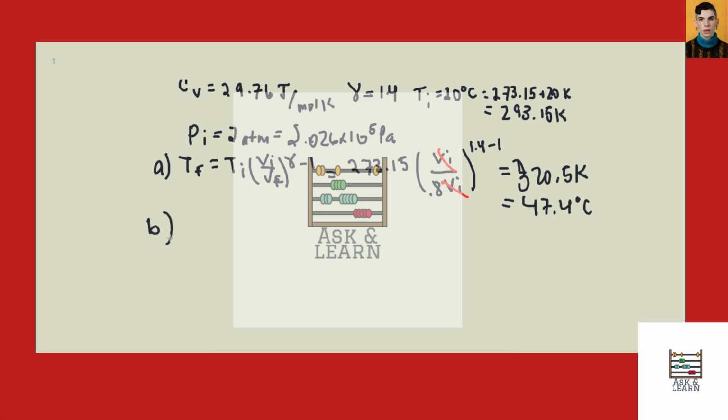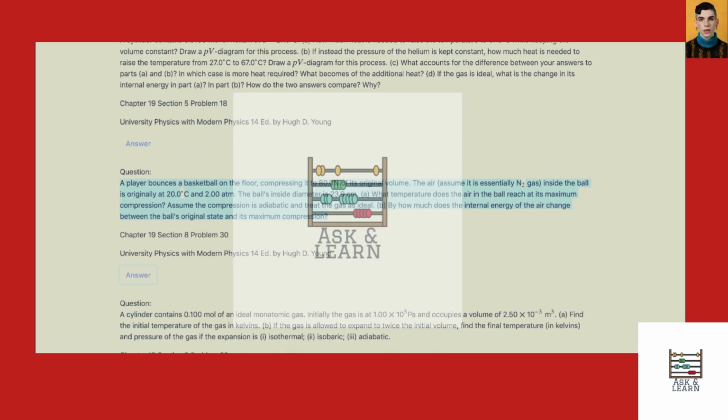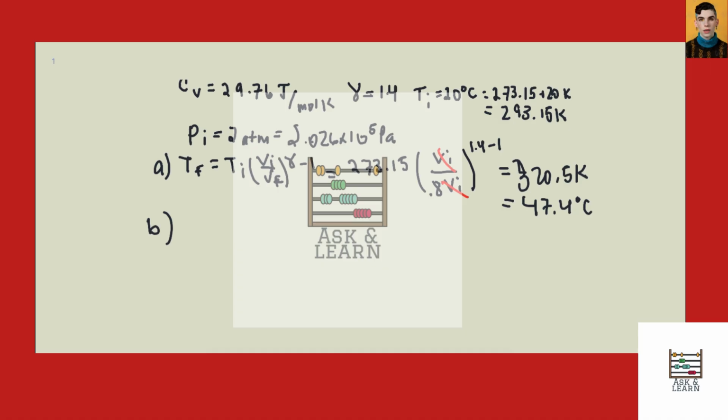So for part B, it asks for the change in internal energy. So to get the change in internal energy, generally the formula is delta U is n C V multiplied by the change in temperature.